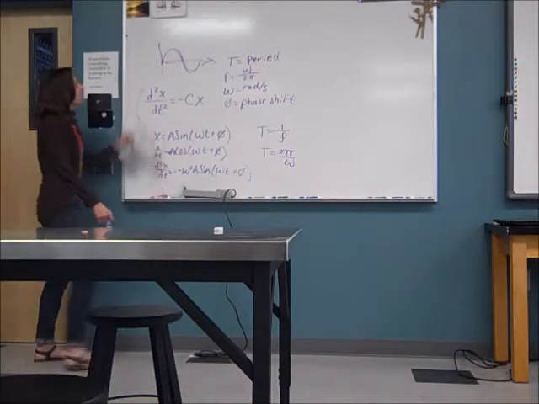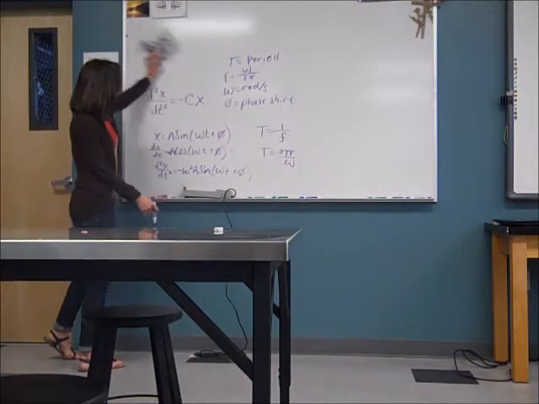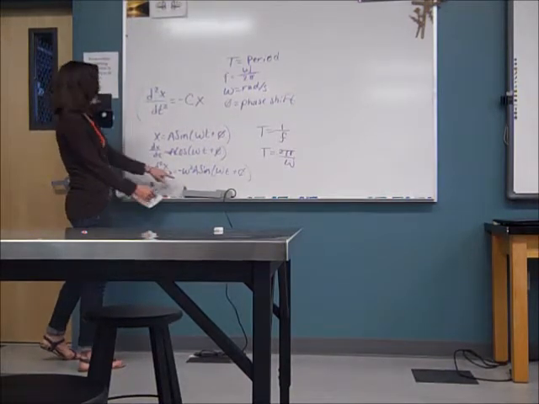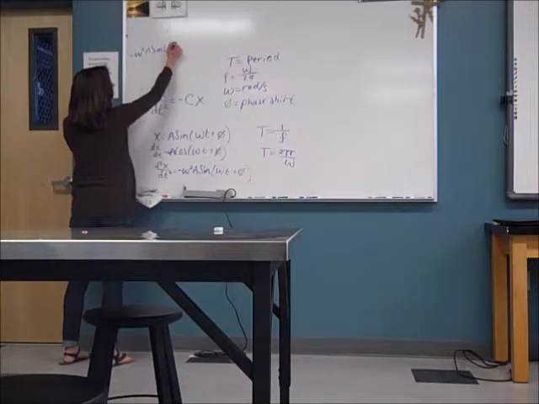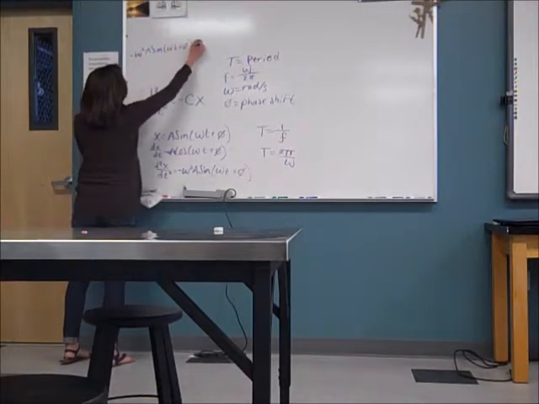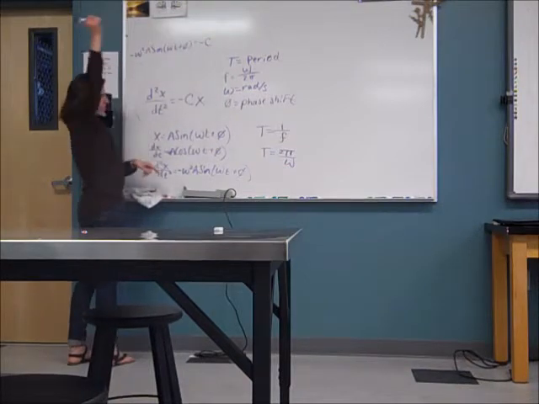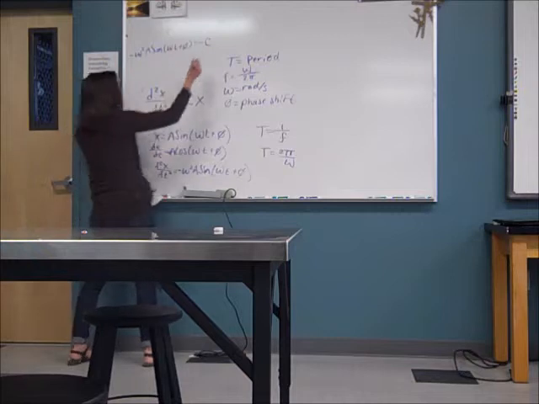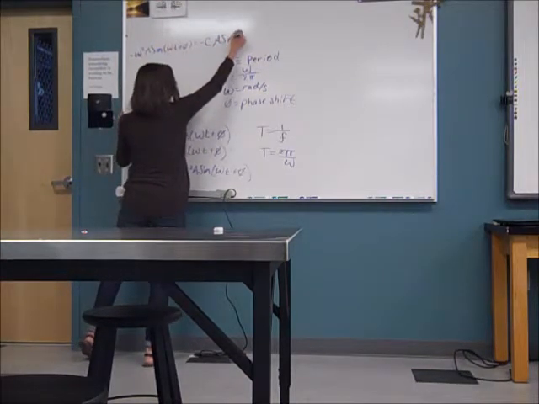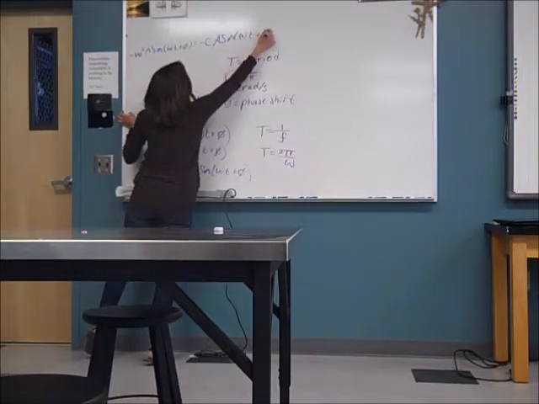So if I plug in those two things over here, the second derivative of position is negative omega squared a sine omega t plus b equals negative c, which is the constant that we're trying to figure out, times x, which is a sine omega t plus b.